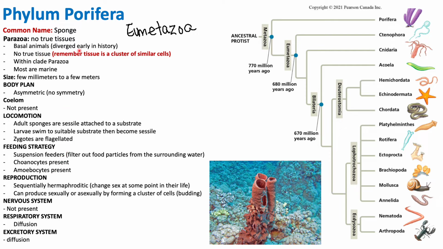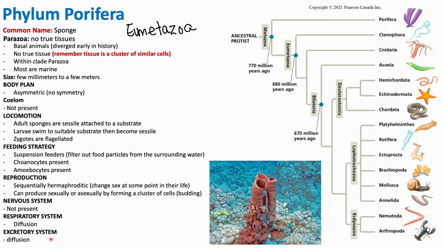Now, if we don't have tissue, we can't have the organs to carry out these processes. So since there are no tissues, we won't have a nervous system. That means if a fish or another organism is interacting with the Porifera or the sponge, it will not be able to detect whatever is interacting with it because it does not have a nervous system.